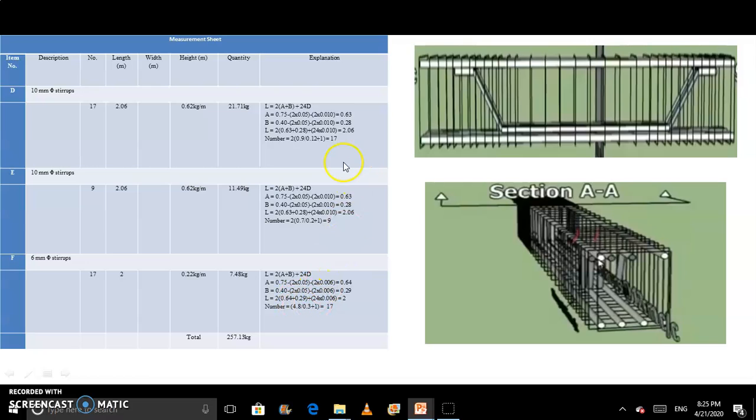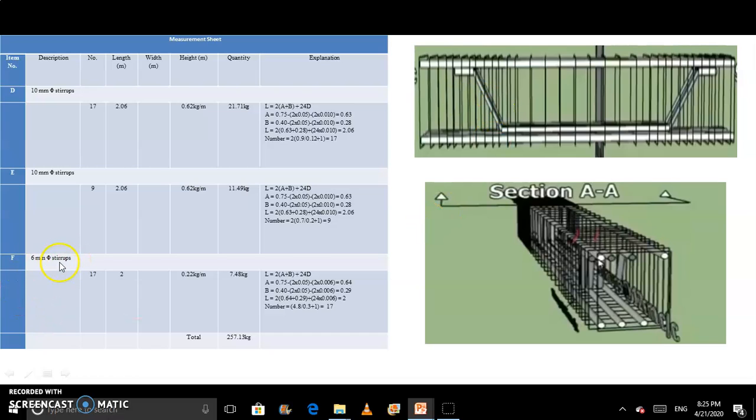The only thing is that the number of stirrup bars changes from this end to this end, because at the end, at the support, we have to provide more stirrups, and we provide fewer stirrups in the center, because we know that cracks come at 45 degrees at the support. That's why we provide more stirrups here.